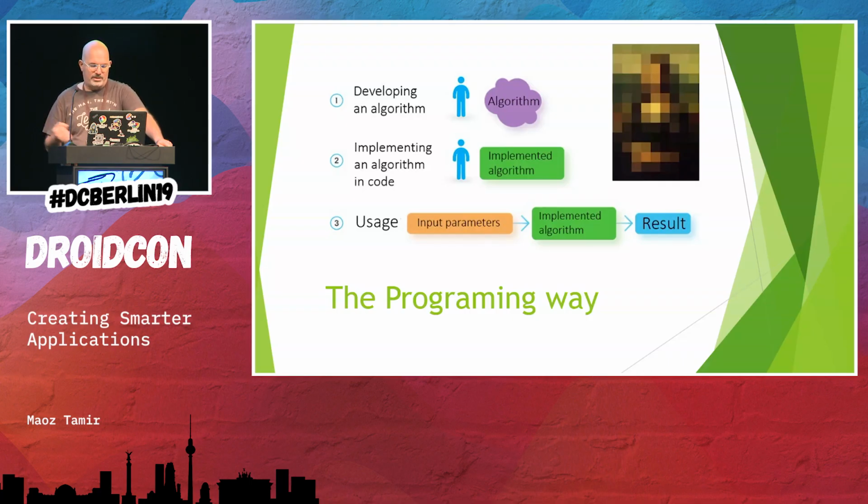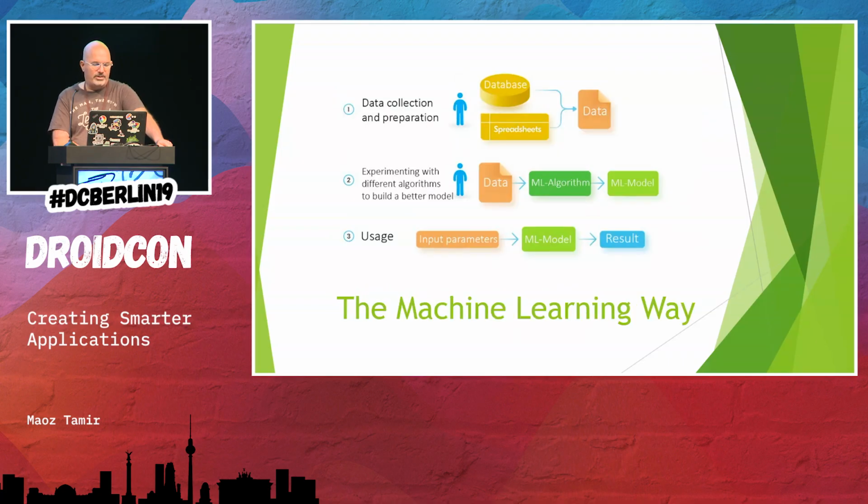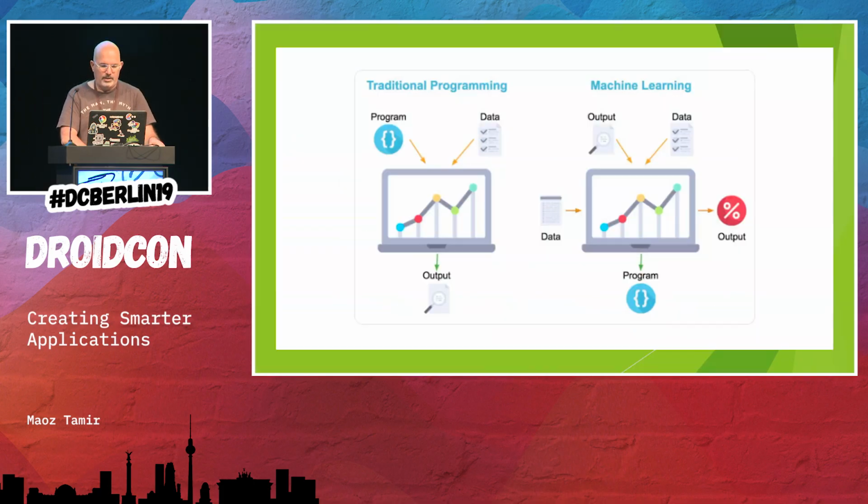Now, the shift in this way of thinking is that today we are giving the actual data and the results to a machine, and the machine itself understands how to predict or to give us the result in the future. So basically, this is the change between traditional programming and machine learning.